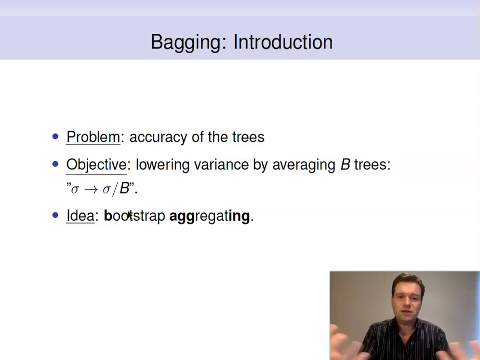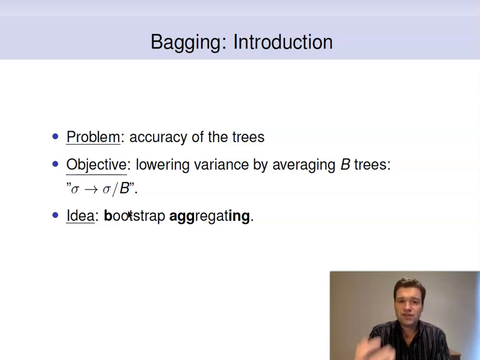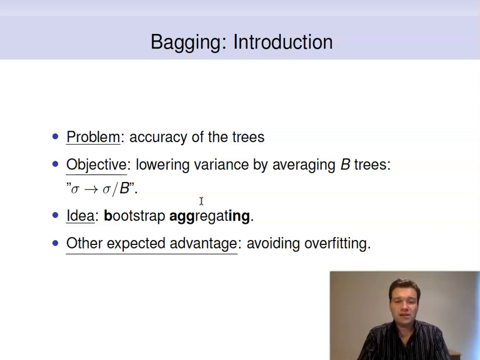Since I'm doing an average, I'm going to decrease the variance of the prediction. This method that we're going to use, this average of trees, is named bagging. Bagging for Bootstrap aggregating. That's the idea. Just average trees. And Bootstrap aggregating, because Bootstrap is the way we are going to use to construct B different trees.